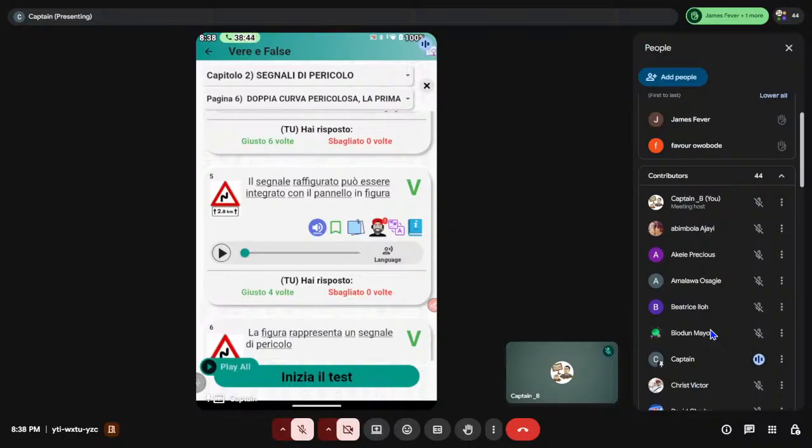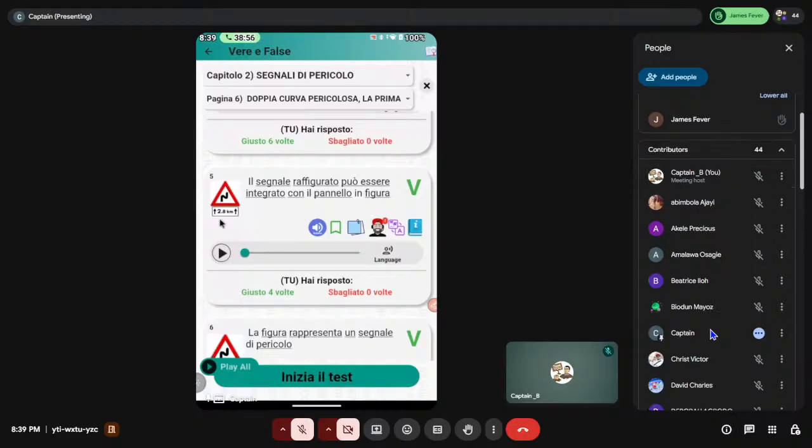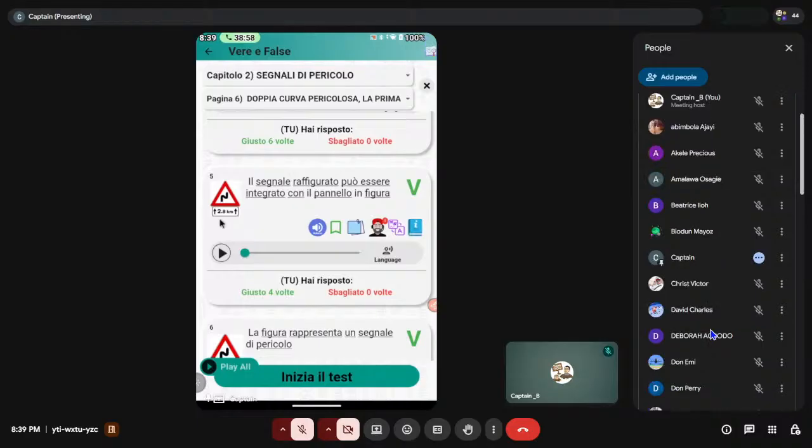Now, can you throw light on this sign that is down here? Use this sign. Okay. It means lunghezza. Lunghezza. No, just see this word, this arrow. Yeah, the arrow.